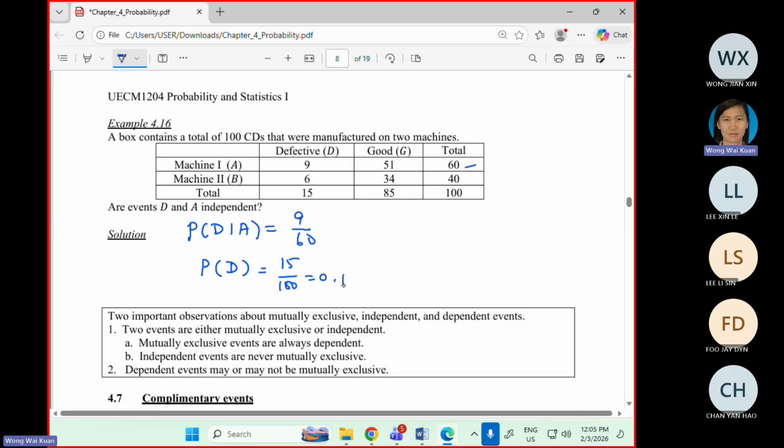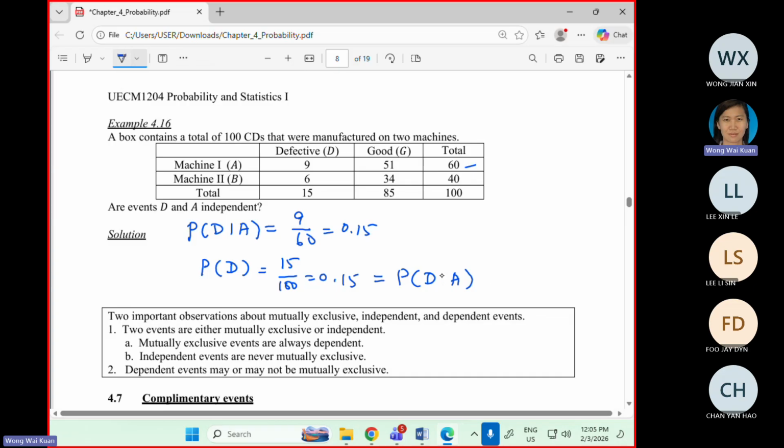This is 0.15. Is this 0.15? So then this is the same as probability of D given A. Okay? Now I can say A and D are independent.